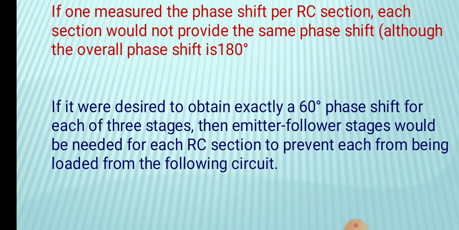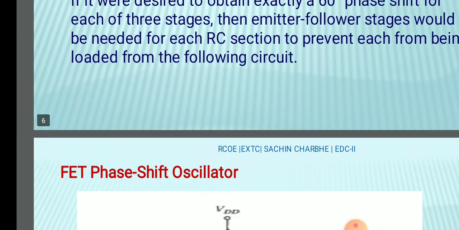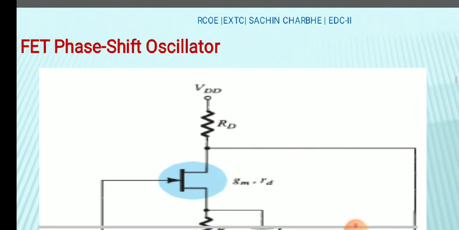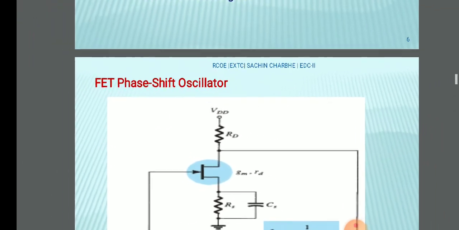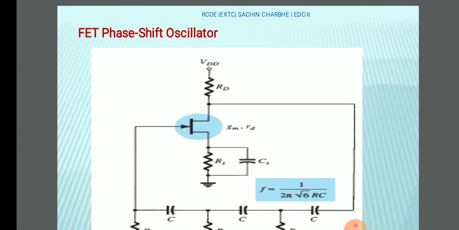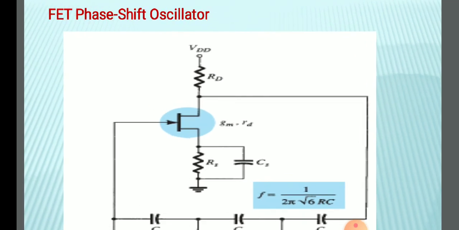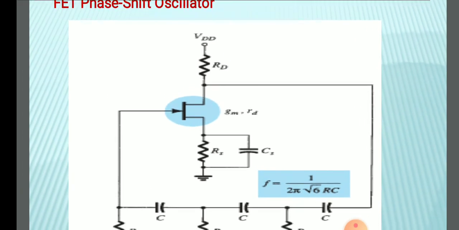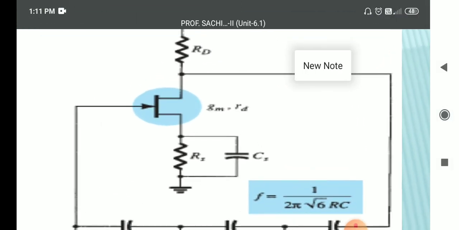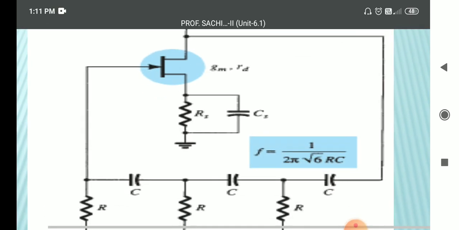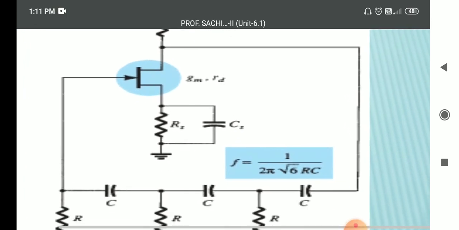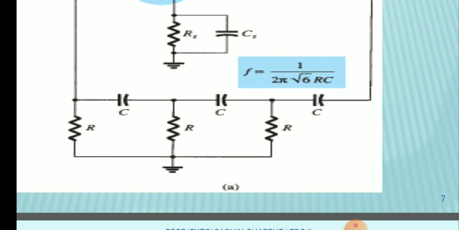So in the amplifier we can use a FET, BJT or op-amp. The next example is the FET phase shift oscillator, with a field effect transistor, where the drain resistance is RD and the source resistance is RS, that is the amplifier, and the feedback element is the RC network.